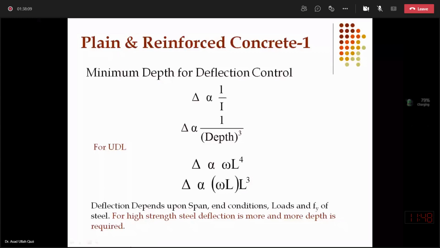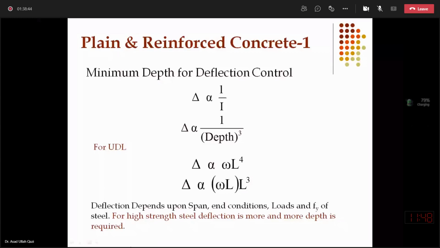So this one slide actually tells us that in order to control the deflection, the best is that you increase the depth of the cross section, because immediate deflection is inversely proportional to moment of inertia, and in moment of inertia you have h cube present, and in all your deflection equations you get EI in the denominator and span in the numerator.